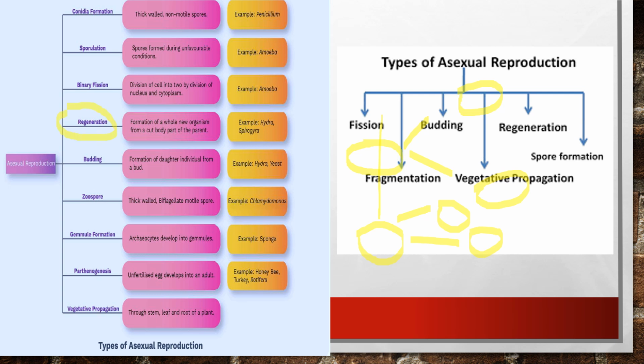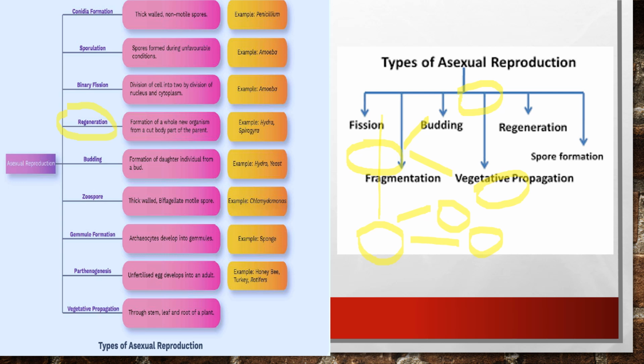Then budding. Budding is typically seen in a unicellular fungus, Saccharomyces, yeast. They generally propagate by this method. An outgrowth is formed at the peripheral region of the parent cell, which is called a bud.